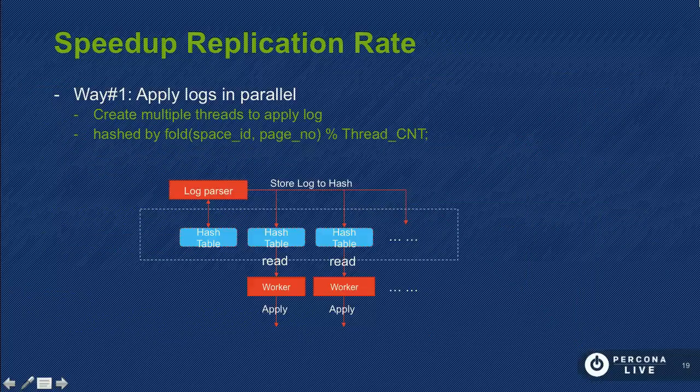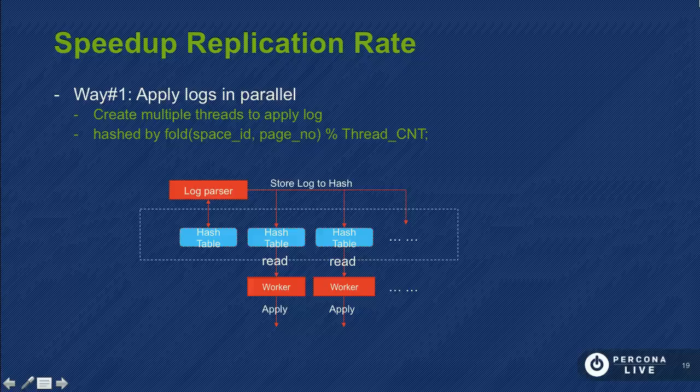First, we can apply logs in parallel. We create multiple worker threads to apply logs, and after parsing the log, its log entries are distributed based on space ID and page number.